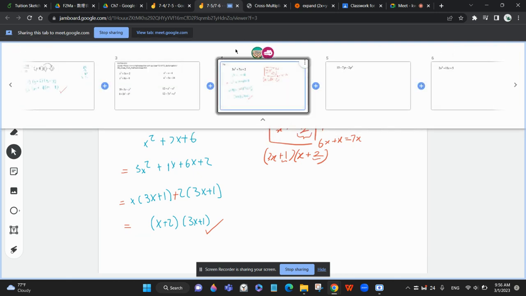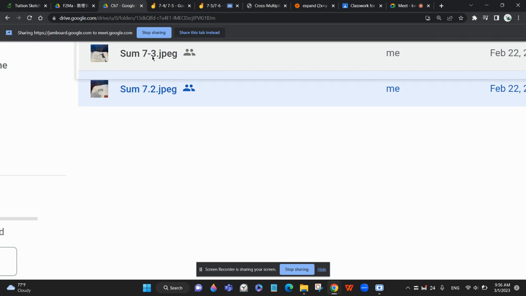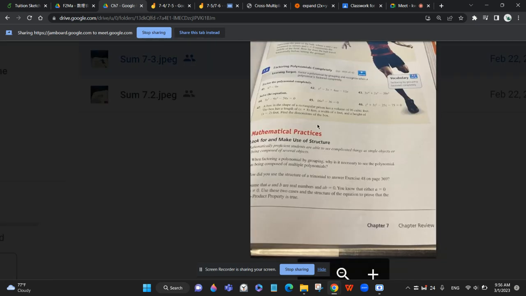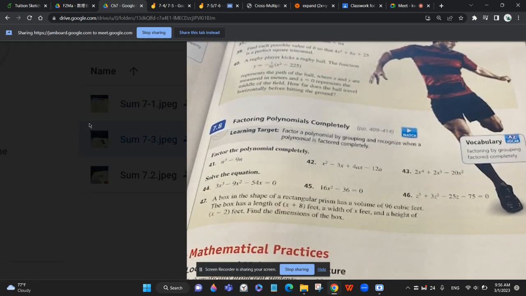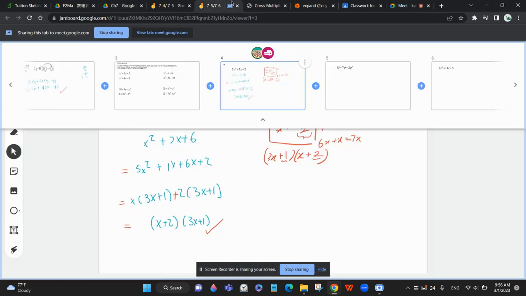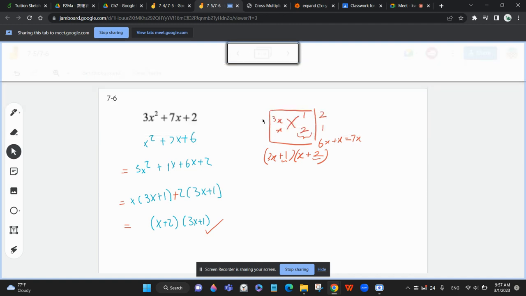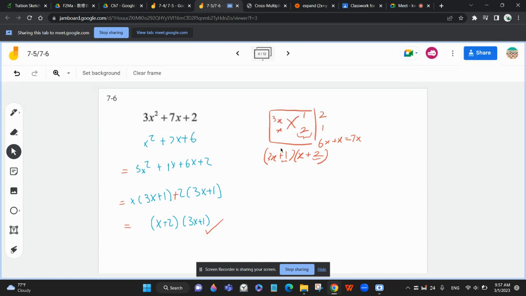Okay, so the method you use is factor by grouping. In this method, you write the 3x and then the x, and then the 1 and 2 you factor them like that.